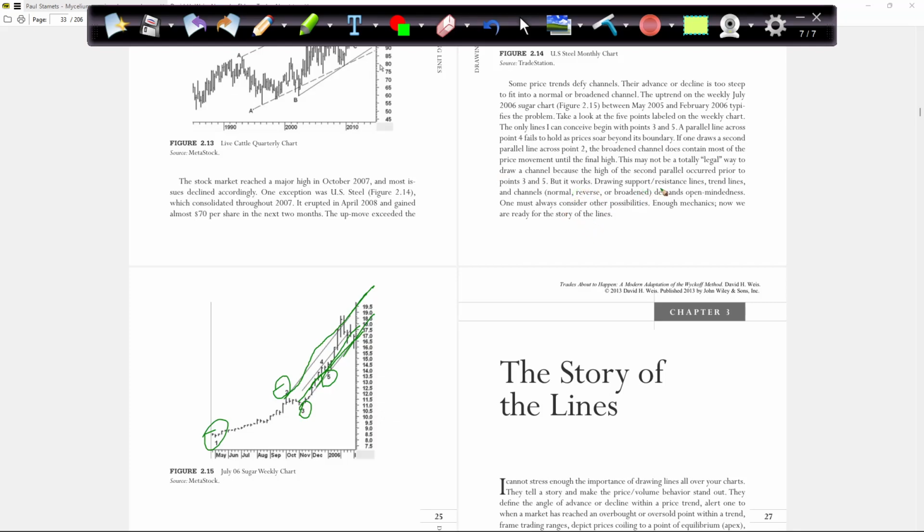Drawing support or resistance lines, trend lines and channels, normal, reverse or broadened, demands open-mindedness. One must always consider other possibilities. Enough mechanics, now we are ready for the story of the lines. So guys, this is the end of chapter 2.